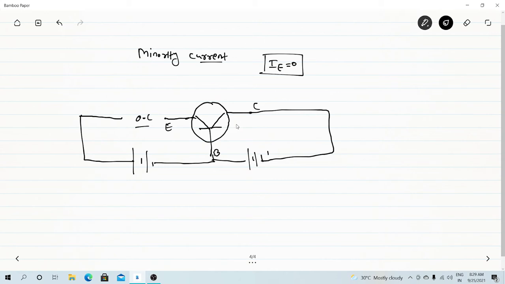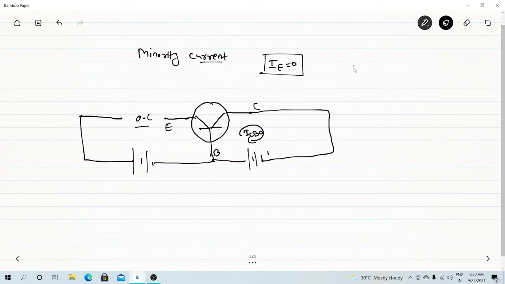So now the current that will flow in this particular output section is my ICBO. This is the current that is flowing, ICBO. This is the current that will flow in the output section. What is ICBO?